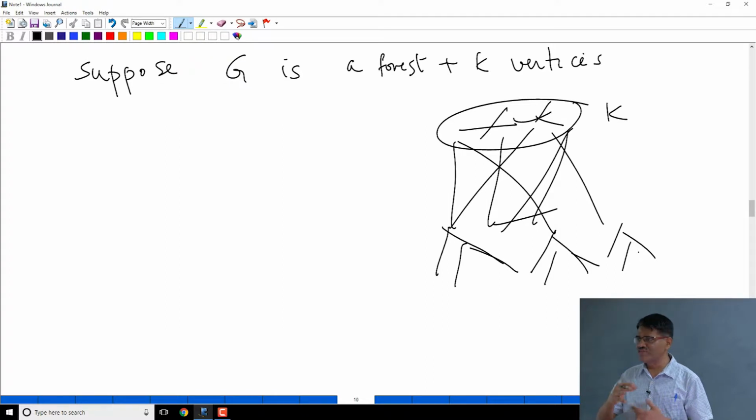Does everyone see that? Because you can take any graph, delete everything except some 2 vertices. The 2 vertices is a forest, because there will be at most an edge or 2 independent points, right. So every graph is a forest plus some n minus 2 vertices, right.